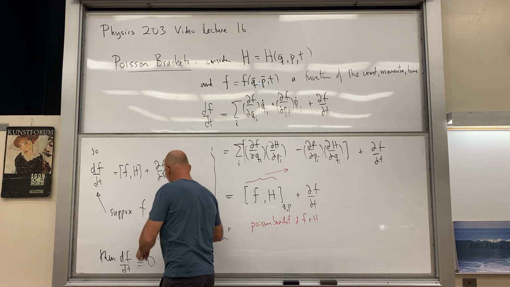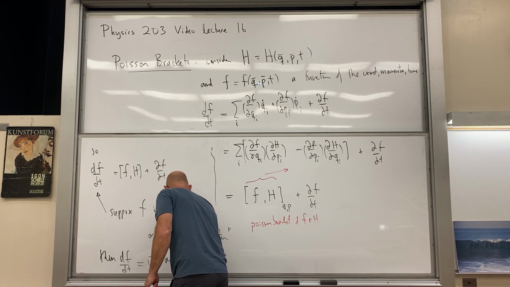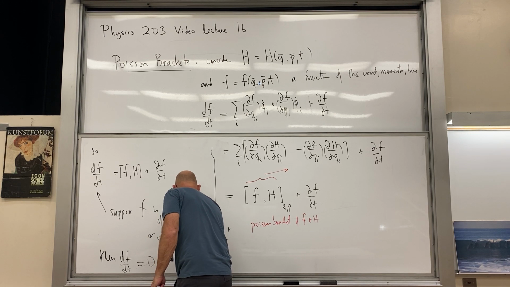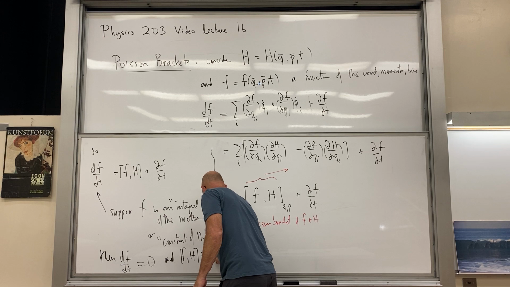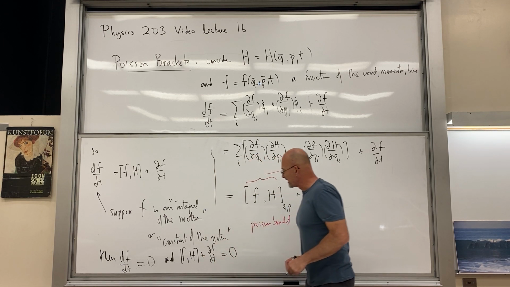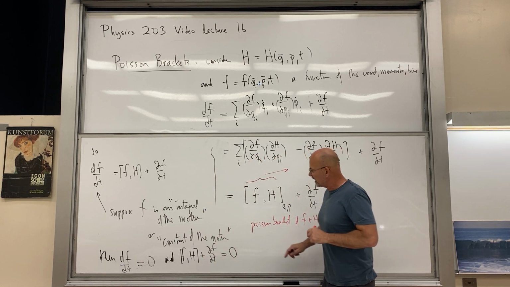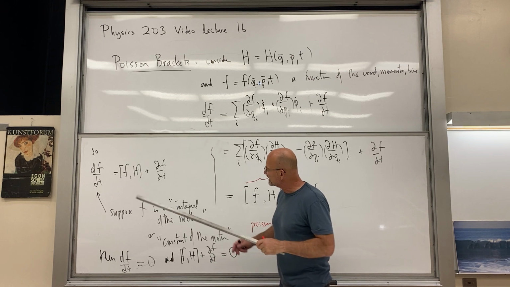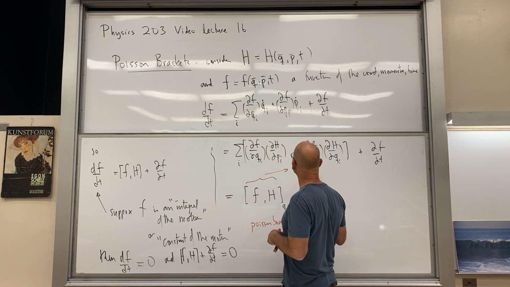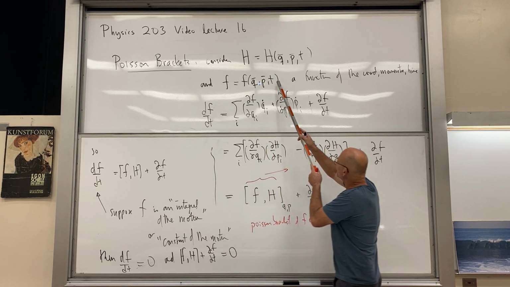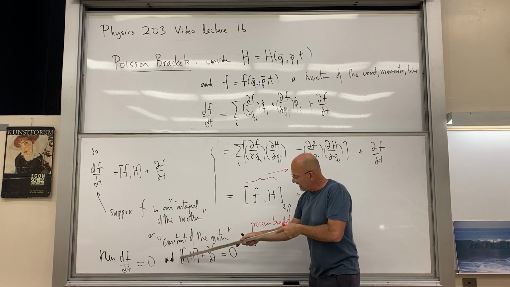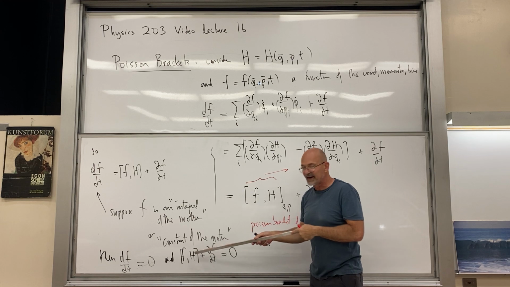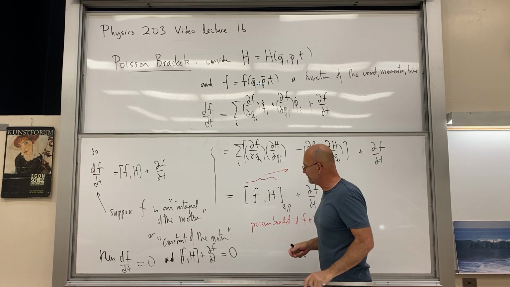And then we have f comma h plus partial f with respect to t is equal to 0. And then the most important case is when f is not explicitly a function of time. So if we don't have the explicit time dependence, then the Poisson bracket of f and h itself is equal to 0.